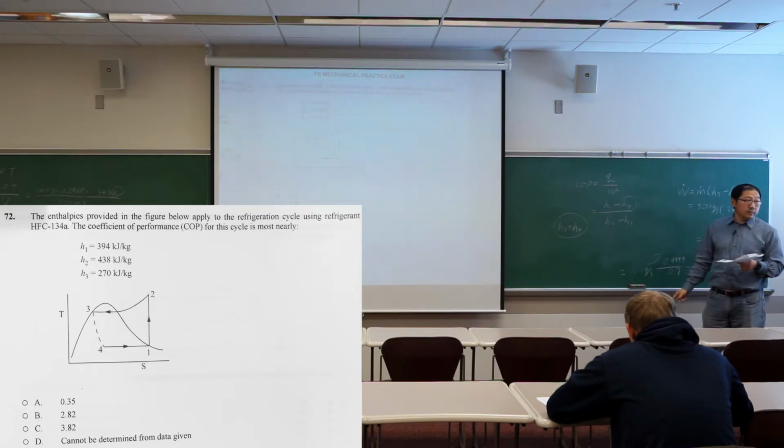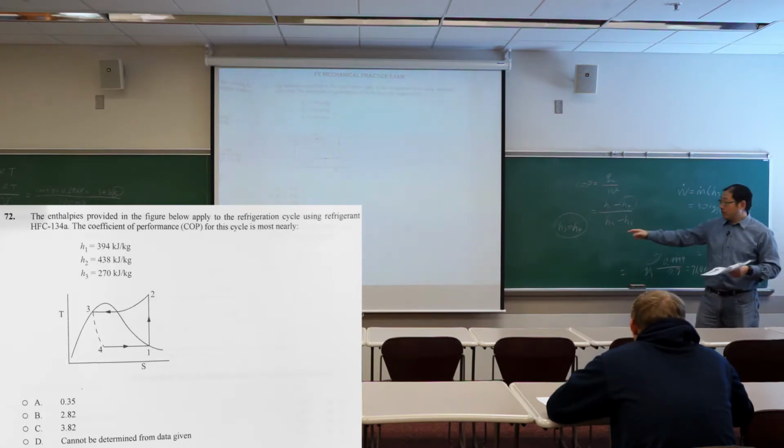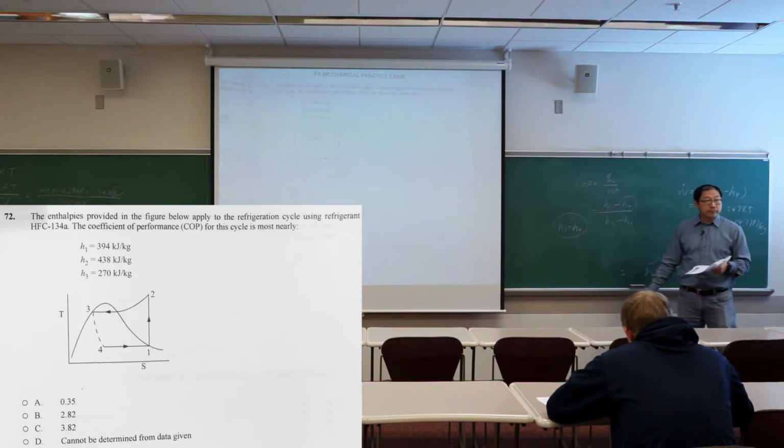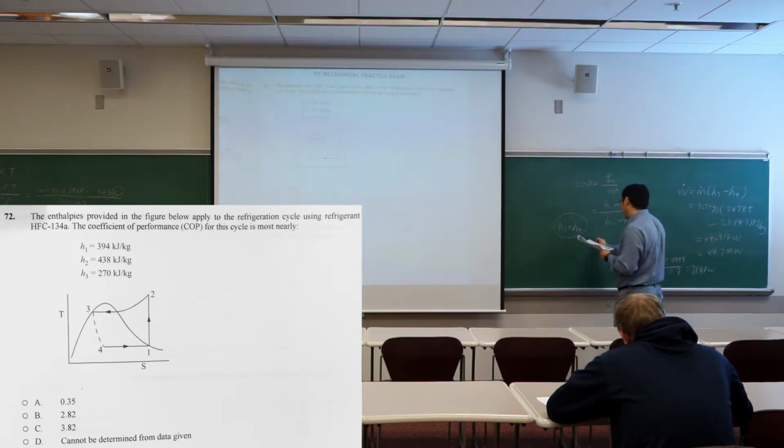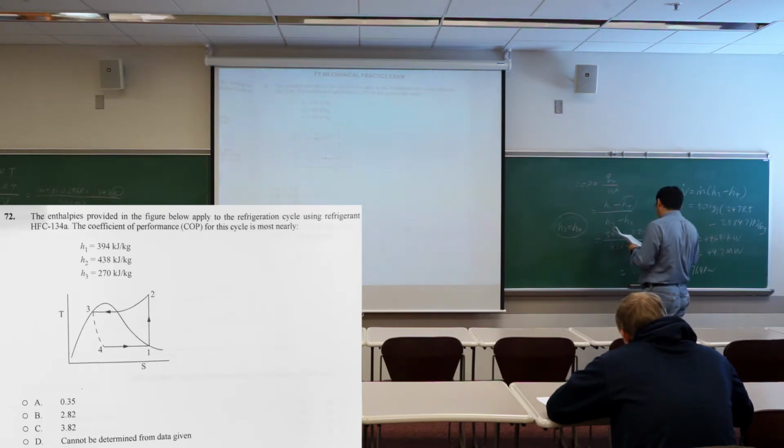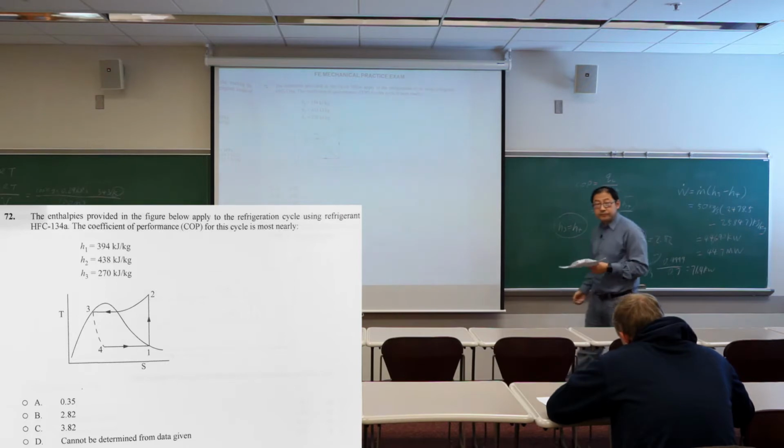Enthalpy remains constant. Remember the previous question asking for the insulated valve, so enthalpy remains constant. So that's how you find H4. And for the rest, you just put in all the values and you get the COP.